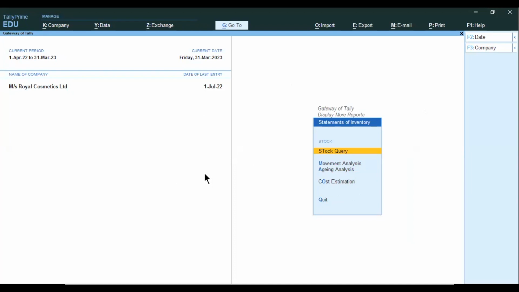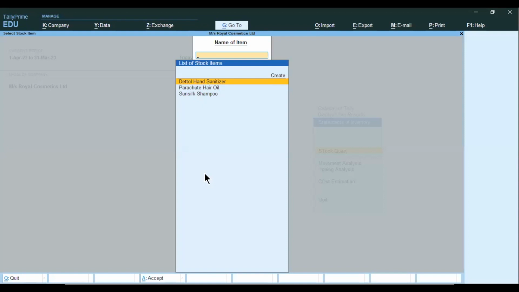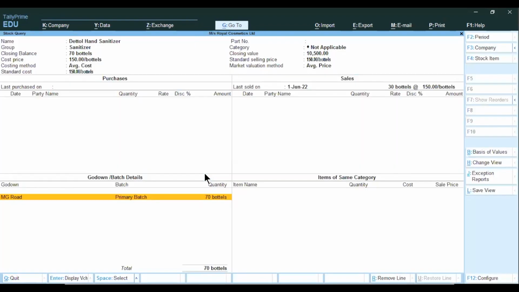We can have a stock query. Suppose this is one of the stocks that we have. Here we can check the general information regarding the stock, that is the name of the stock, in which group it is grouped, and the closing balance, how much quantity of that particular stock we have in our godown.